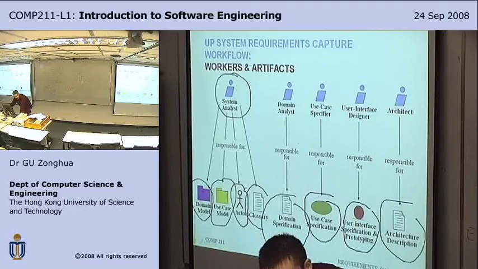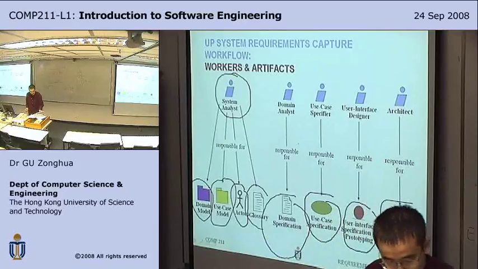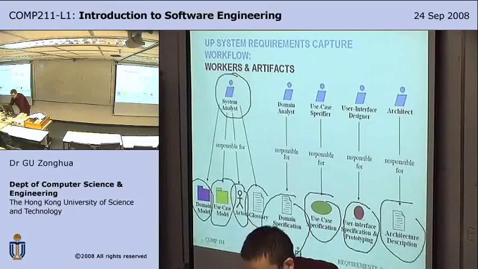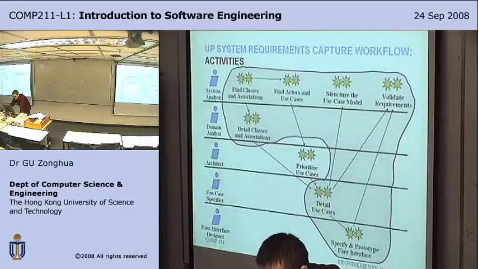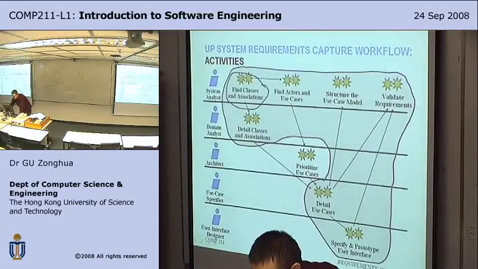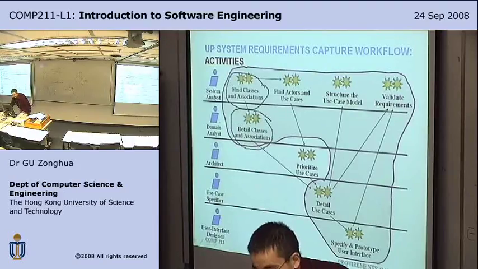So oftentimes these roles are played by the same person or a group of people. So these are the activities. The system analyst finds classes and associations, identify the application domain concepts, and detailed class associations is done by the domain analyst.